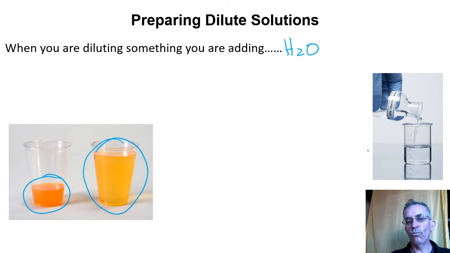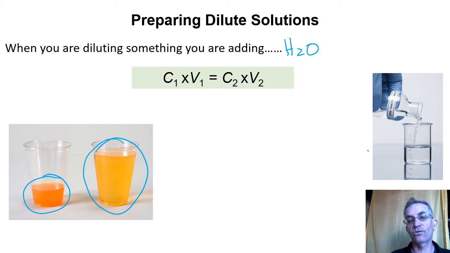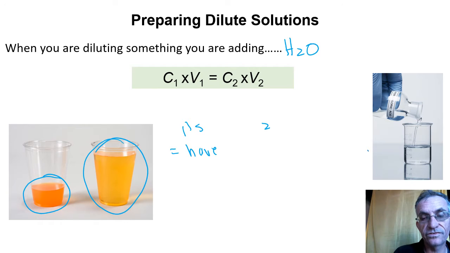All right, so we have one concentration, and we want to make it a different concentration. Well, what we're going to figure out in this part is exactly how would we do that? What amounts do we need to use? So for this kind of idea, taking one concentration and making it a different concentration, the way we figure that out is this equation: C1 times V1 equals C2 times V2. Now in this formula, the ones are what you have, the twos are what you want or what you're making.